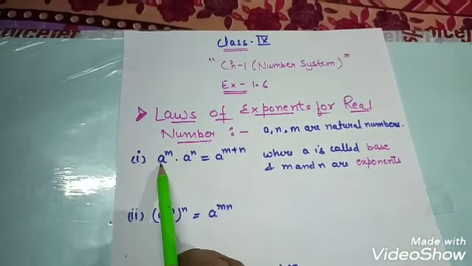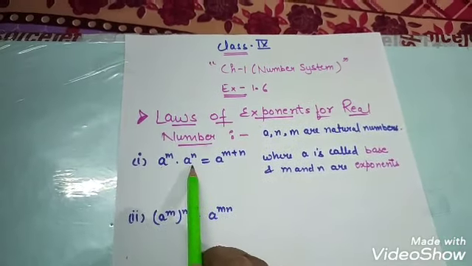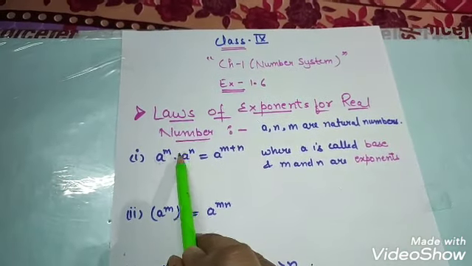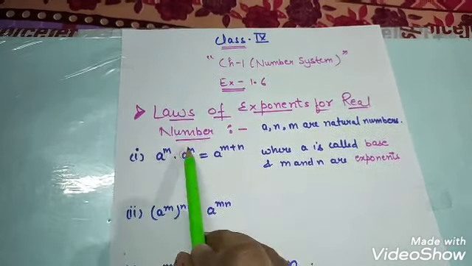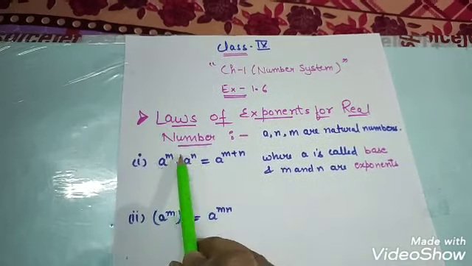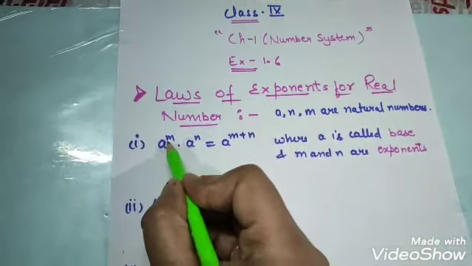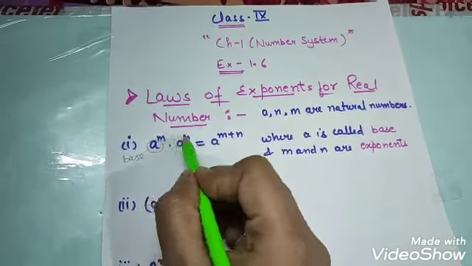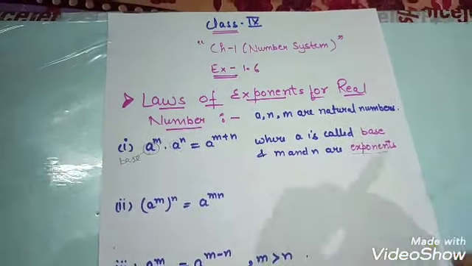Look carefully. Here a is called the base, and m and n are called exponents. So remember it.